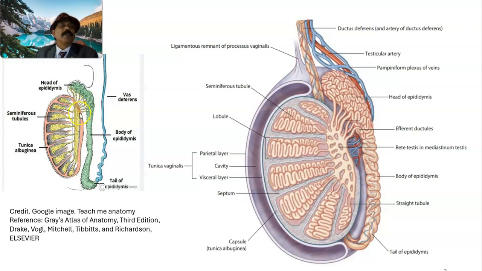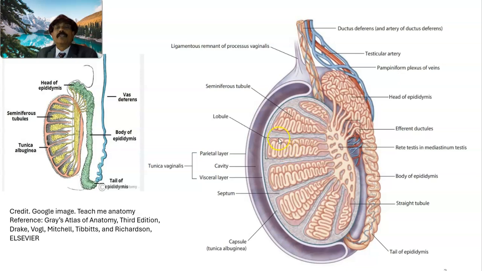From there, we get the head of epididymis, body of epididymis, then the vas deferens or ductus deferens. This is the tunica albuginea. This is the visceral layer of the tunica vaginalis, and this is the parietal layer.